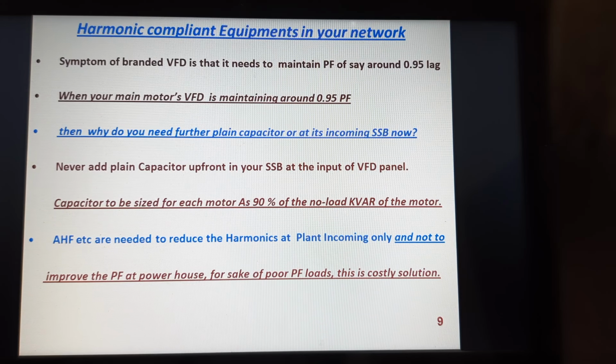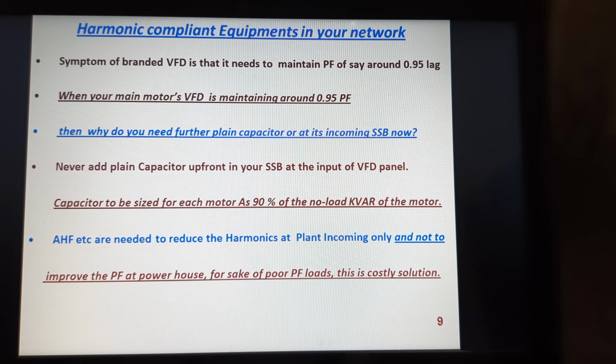In a network with harmonic compliant equipment, the sign of a branded VFD is that it maintains around 0.95 lagging. When your main motor's VFD is maintaining around 0.95, why do you need a further plain capacitor at its incoming SSB? You never add a plain capacitor upfront in your SSB at the input of your VFD panel.